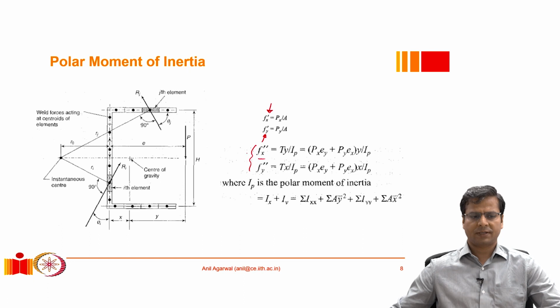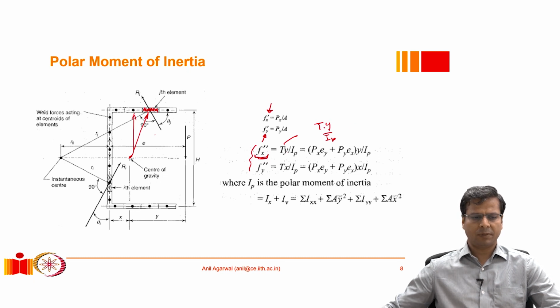So the stress in any component, if we take a small component, the stress because of twisting in this component will be equal to the twisting moment T multiplied by the distance, the radial distance. So here when I say y, I mean the vertical component of the radial distance, T multiplied by y divided by the IP value. Similarly, this is the x component of that force.